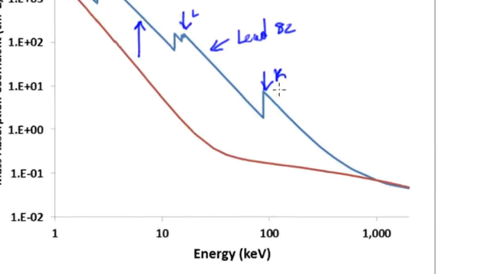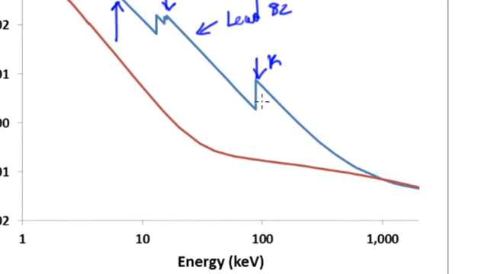The concept here is that if you're above the energy needed to ionize an electron from the K shell, then you'll get an interaction. So the probability is relatively high when the energy exceeds the K shell. As you drop below the K shell energy, the probability goes down because you're not able to ionize that atom anymore. So these are characteristic energies, and they're characteristic of that particular element. They can even be used diagnostically.